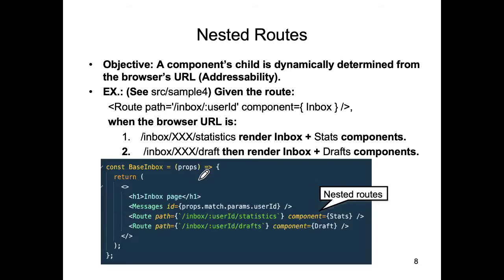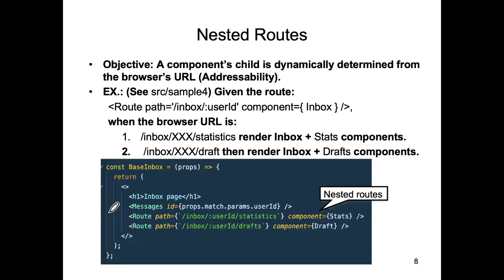This is an excerpt to answer that, and it's sample 4. So here's my inbox component, and I've got route entries within it as just part of the ordinary JSX, and that's perfectly acceptable from a React Router point of view.